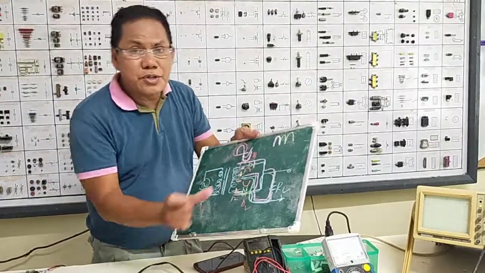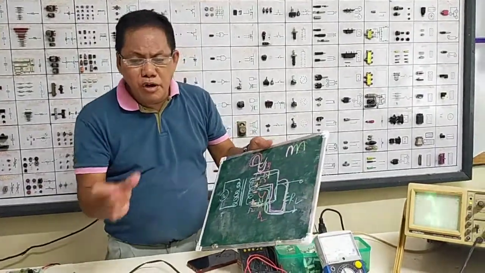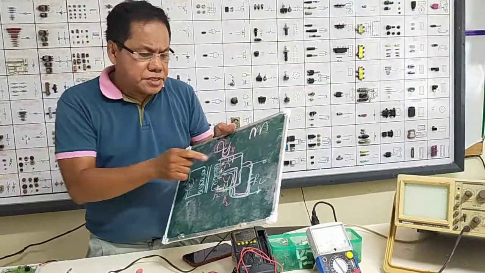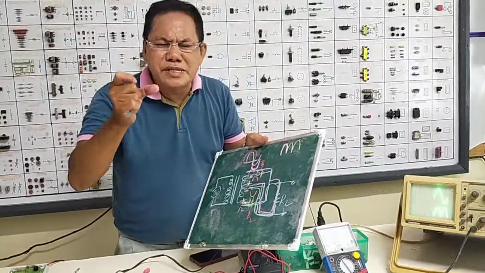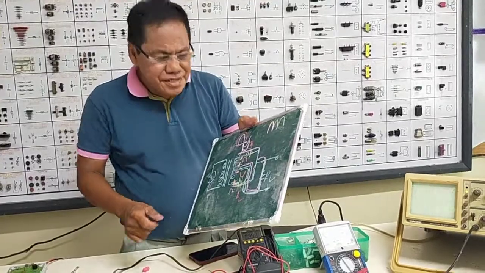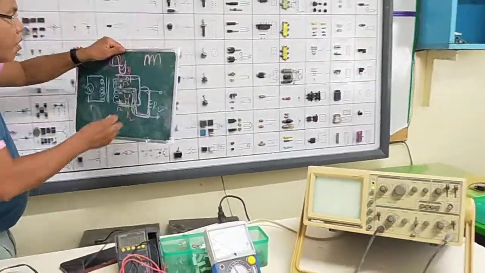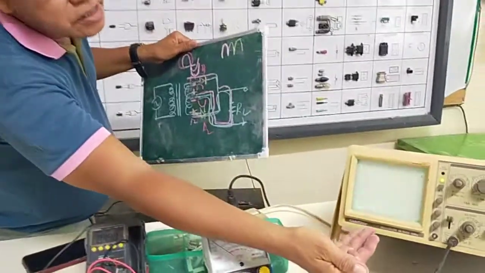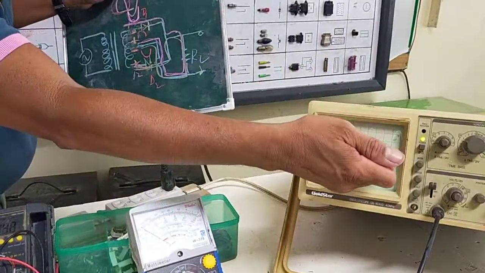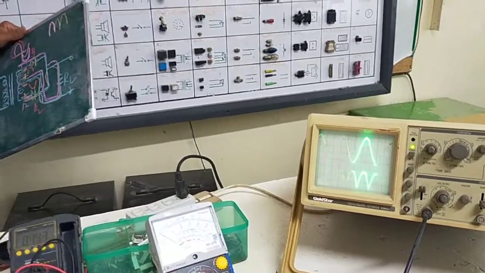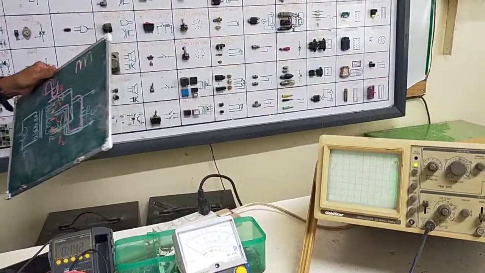No? So they alternate. Off, on, off, on, off, on. This diode turns on and off 60 times in 1 second. That's why the output goes like this. So, the negative half cycle is converted into positive. No? So, double frequency, 120 Hz.